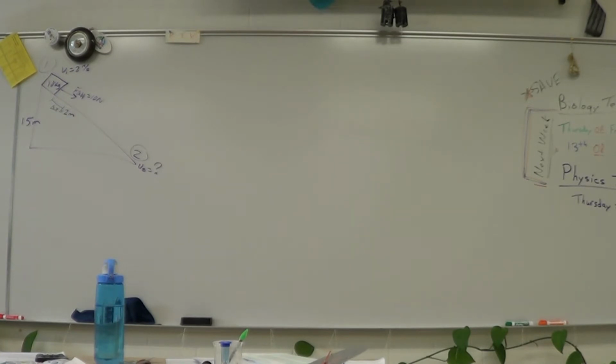Yeah, except on an inclined plane, the normal force always acts perpendicular to the surface, and in this case my inclined plane is at some angle, and gravity is always straight down. So the gravitational force and the normal force are not equal to one another, and we'd have to do some trig functions. So I would not ask you to calculate the force of friction on an inclined plane.